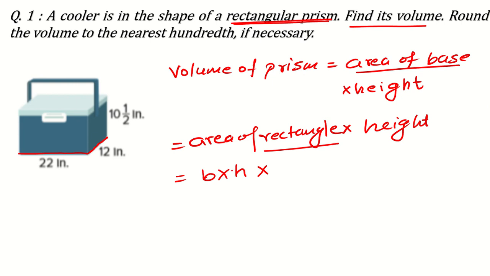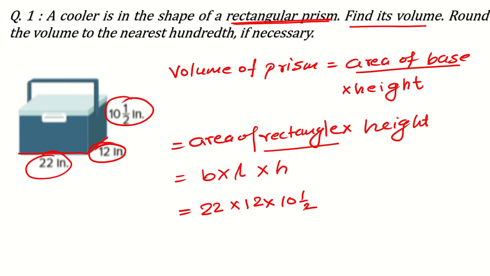So just to distinguish between them, I will write length and width and then height. Now, you see, one side of the rectangle is 22, another side of the rectangle is 12. So any one side you can take as length, another side as width. Now multiply by height.